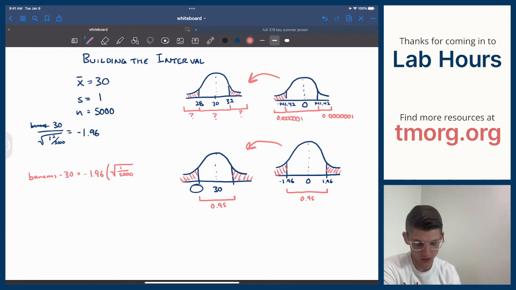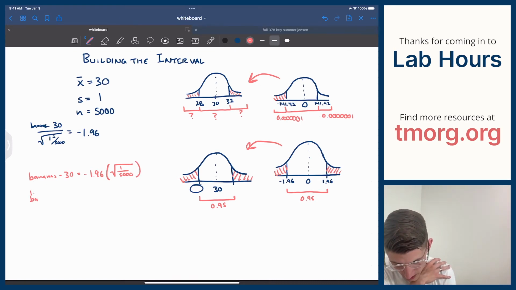Because 1 squared is just 1. And then, to get that lower bound, the lower bananas bound would be equal to 30 minus 1.96 square root of 1 over 5,000, right?